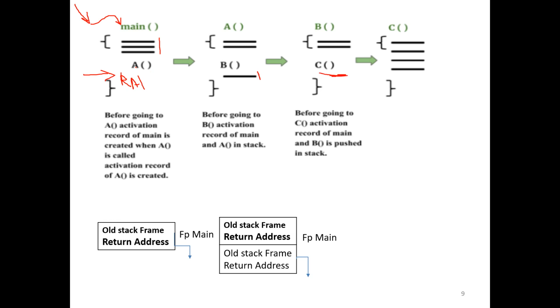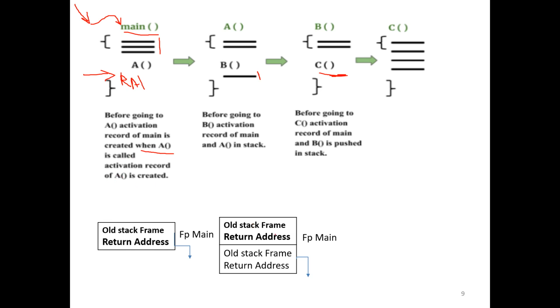Now we'll see what happens when A is called by main. Before calling A, the activation record of main is created. This is done at the time when main is invoked by the operating system. When function A is called by main, the activation record of A is created like this.